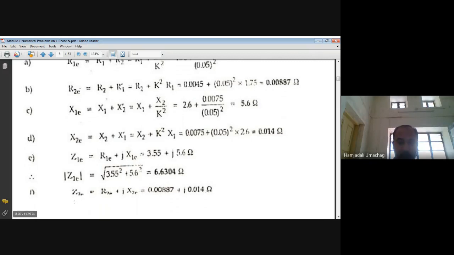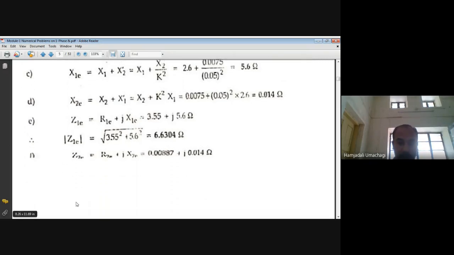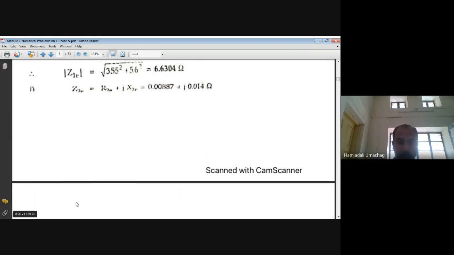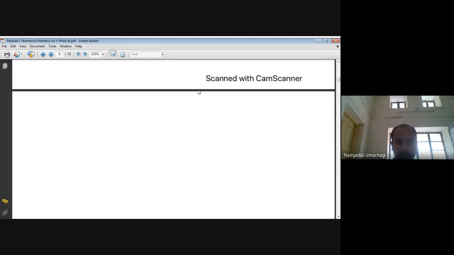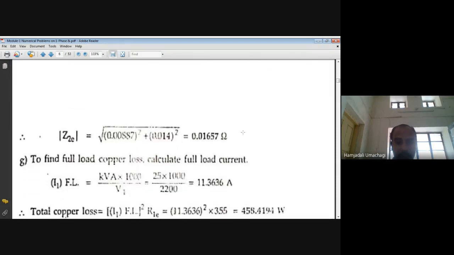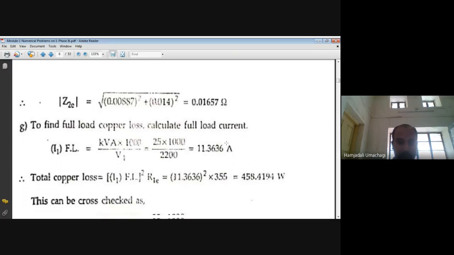If I want to get its magnitude, Z2E is equal to the square root of 0.00887 whole square plus 0.014 whole square. Then the answer for that will be 0.01657 ohms.